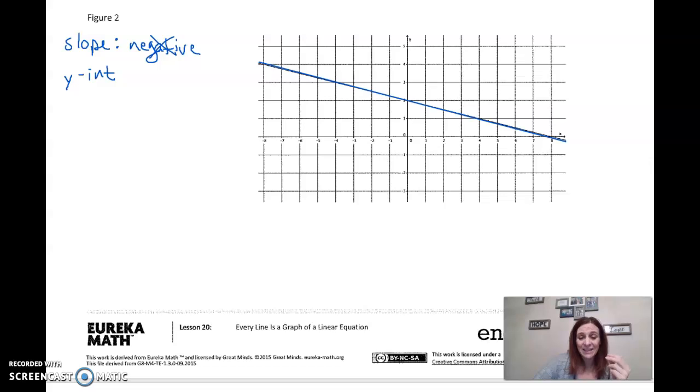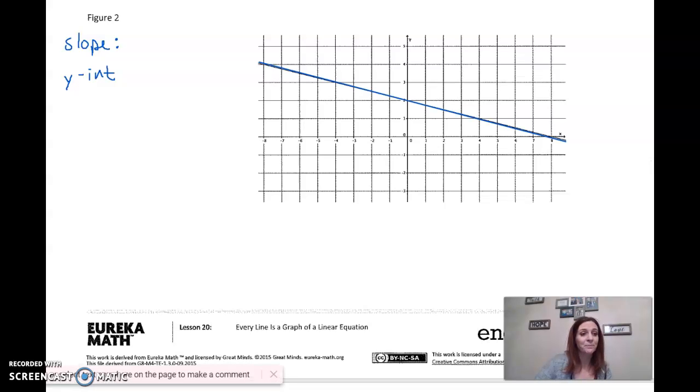That is not it. Yes, it is negative, but the slope is a number describing the steepness of a line. Negative doesn't tell me the steepness of a line. It might tell me that it's declining, but that's not the slope. It's describing the slope. Just wanted to point that out because I know some of you are struggling with that a little bit.